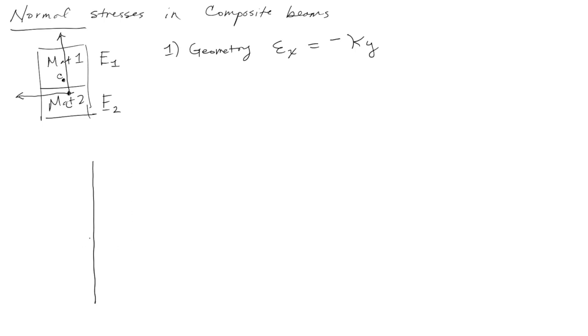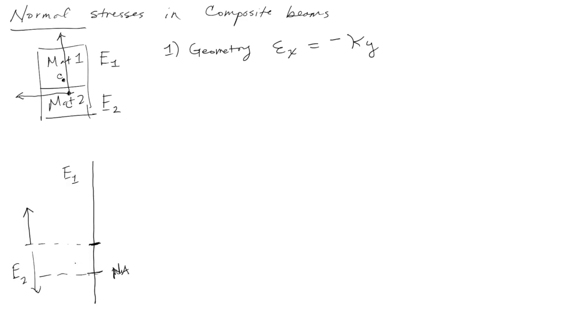So let's say this is the neutral axis. Let's say this is E1 material from here up, and from here down is E2 material.